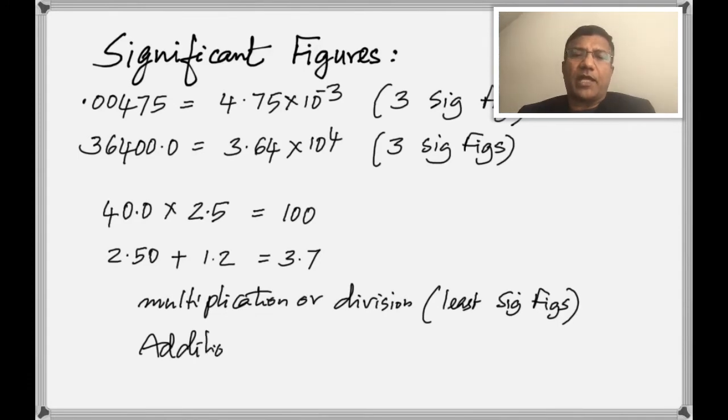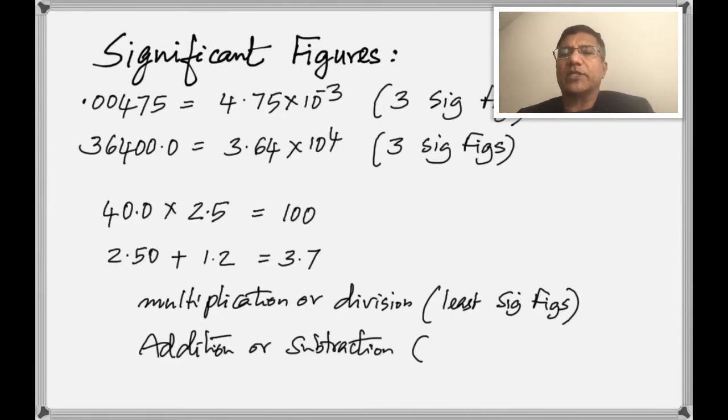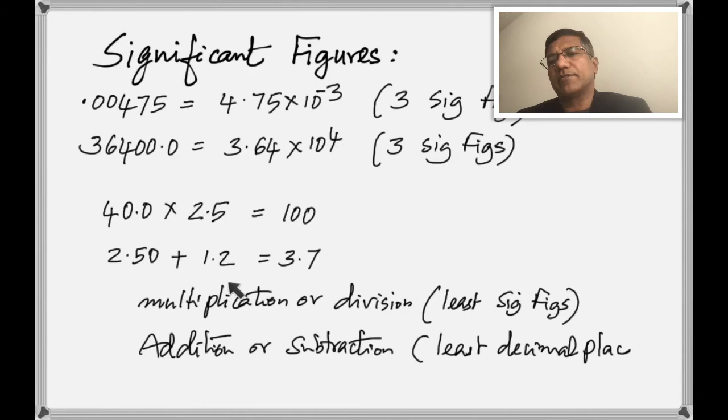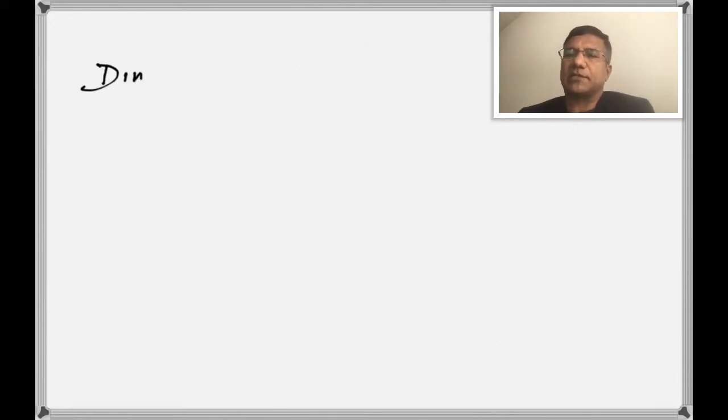But when you add or subtract, you're not going to look at the lowest number of significant figures, but you look at the lowest number of decimal places. So in this example, there was one decimal place. That was the lowest because there was 2 here. So that's why the answer will have only one decimal place.